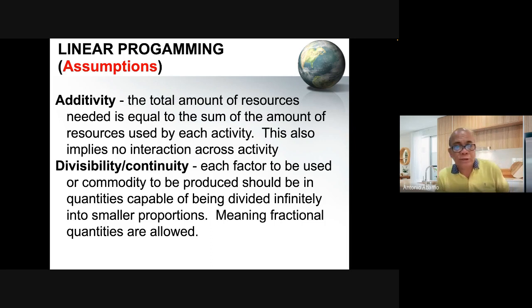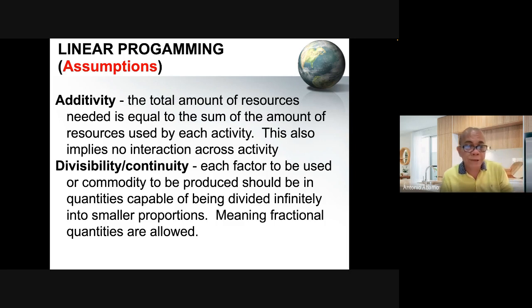The second assumption is divisibility. Each factor to be used or commodity to be produced should be in quantities capable of being divided finitely or infinitely, meaning fractional quantities are allowed. There are times that we need to plan for integers.